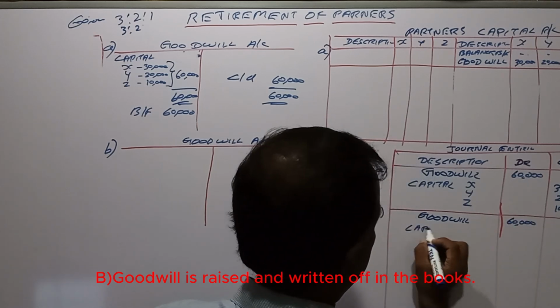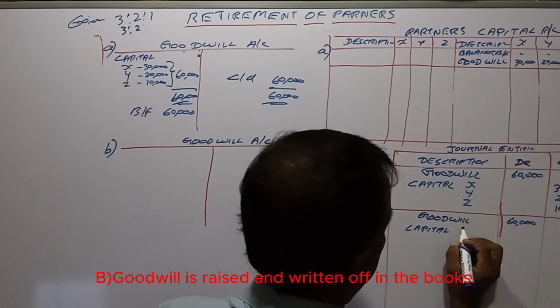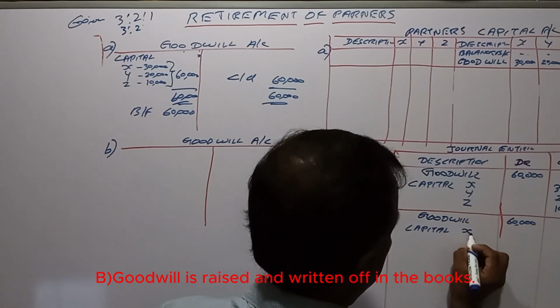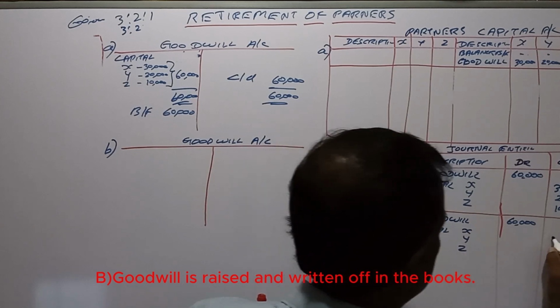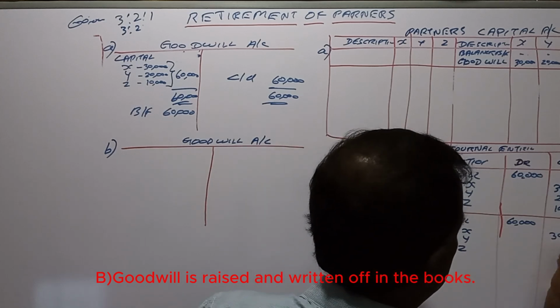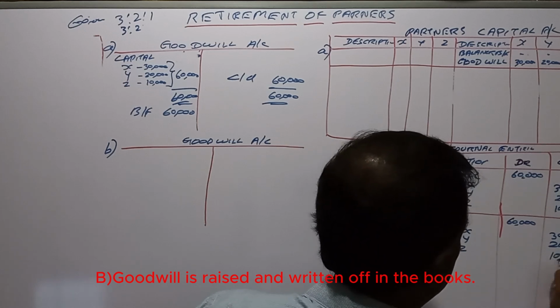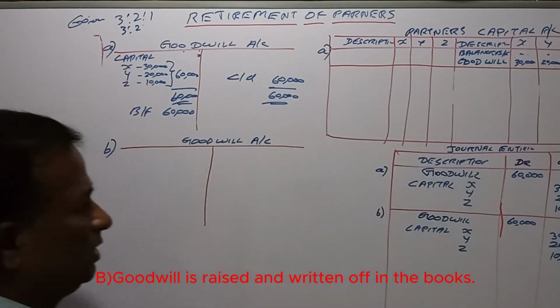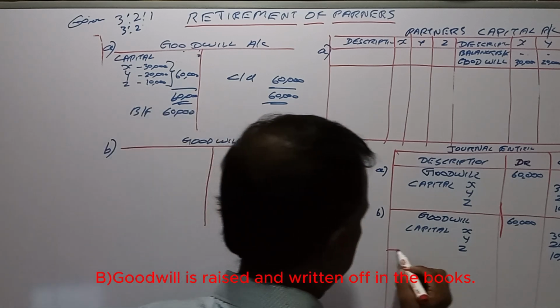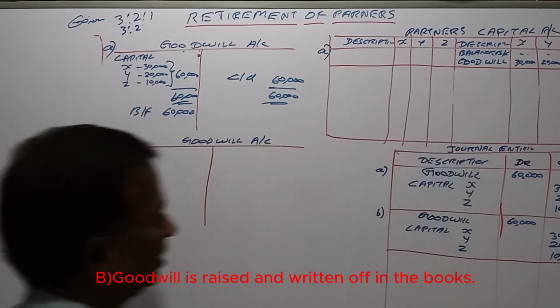Capital account X, Y and Z 30,000, 20,000 and 10,000, right? Just creating a goodwill. This is an entry for creating a goodwill.